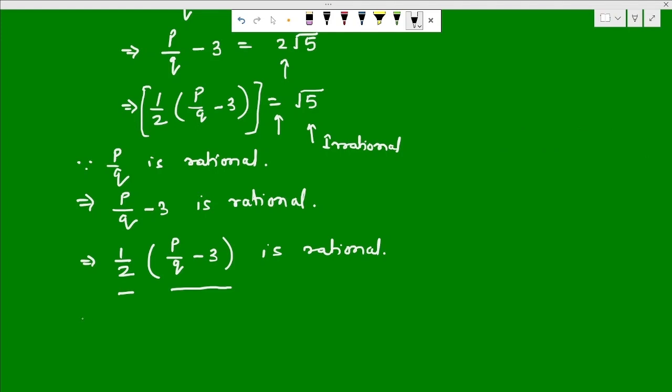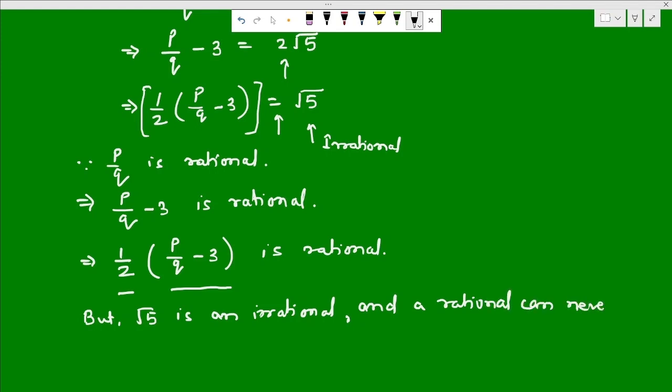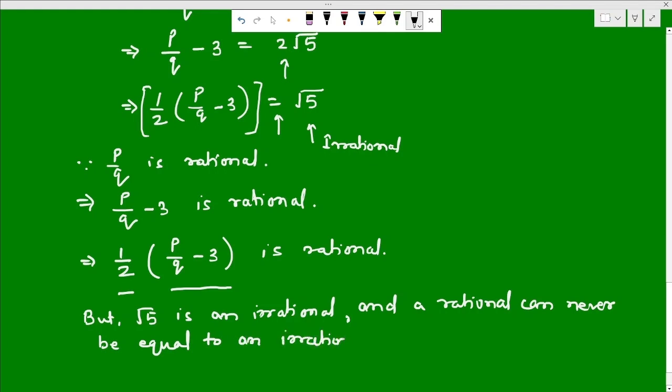So we will simply mention here, but the square root of 5 is an irrational, and a rational can never be equal to an irrational.